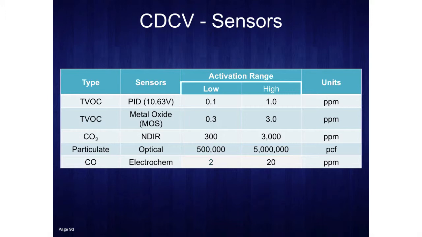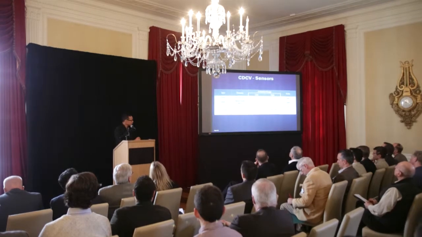You can see that we use 2 TVOC sensors. That's because the PID senses a range of VOCs a little bit better than the metal oxide and vice versa. So by using both of them, we feel we're getting a good variety and range of VOC sensing.